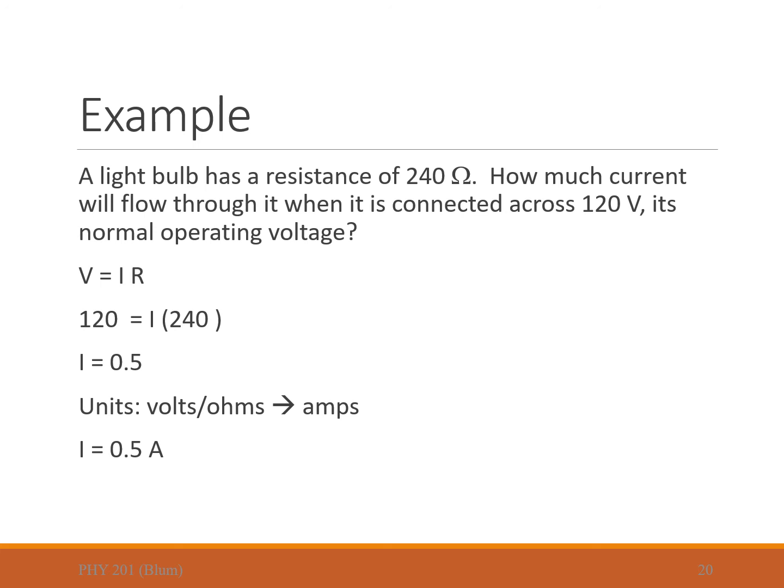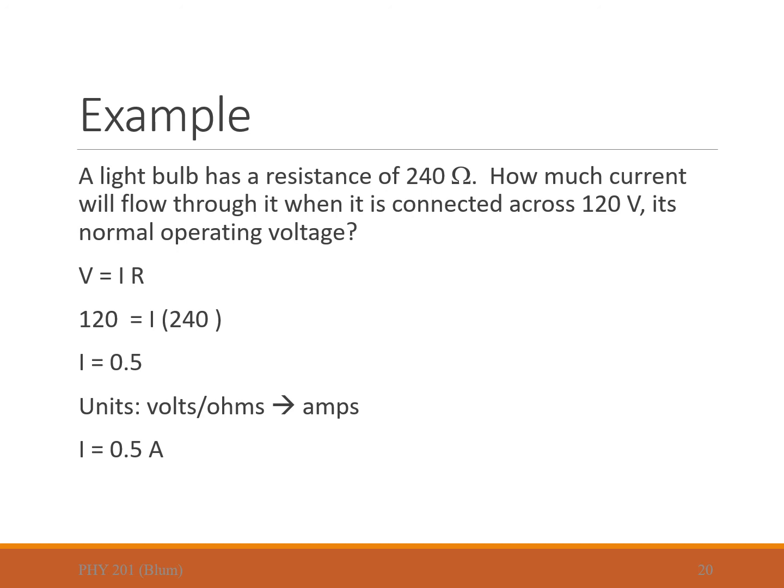For instance, if a light bulb has a resistance of 240 ohms, then we can ask how much current is flowing through the bulb when it is connected to a 120 volt source. So the 120 is a voltage, we'll put it in for V. The 240 is a resistance, we put it in for R, and we can solve for the remaining quantity, I. We divide both sides by 240 and get that I is a half.